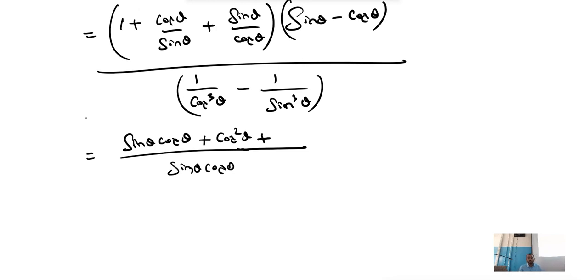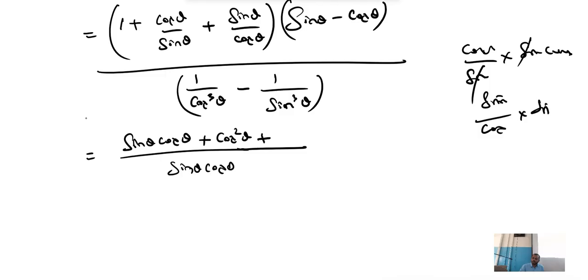No man, wait. Cos by sin into sin cos. Sin gets cancelled, cos into cos, cos square. Again here, sin by cos into sin cos. Cos gets cancelled, sin square theta. Okay, is this clear?